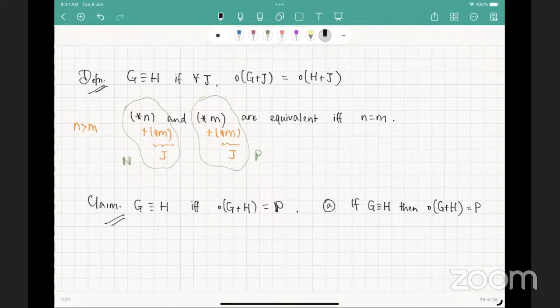So in particular, I want to say that if G is equivalent to H, then, actually, I'm not sure if the fact that they're the same type is as useful as being able to say the following.